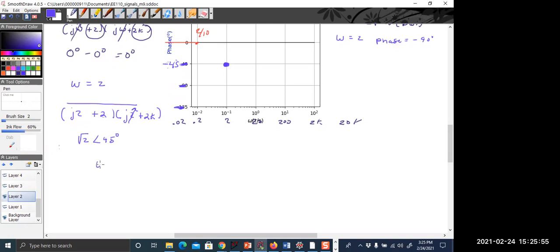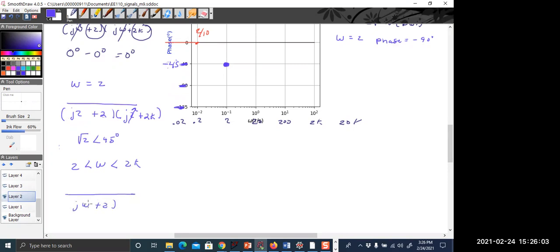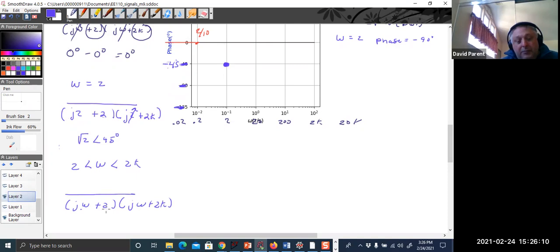Now, when we do omega between 2 and 2k, this is bigger than this, so this drops out. This is still smaller than that, so that drops out. That turns into something with a phase of 90, which then you get minus 90.